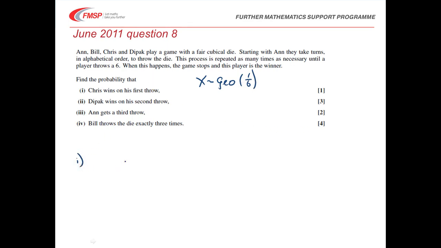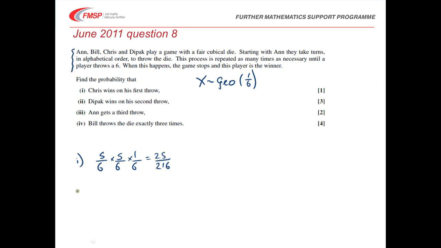Well, that's simply just going to be the fact that Anne has to not win, and then Bill has to not win, and then Chris wins. Okay, so that's going to give me 25 over 216, and I'm happy to leave it like that. So just think carefully about the context of the question.